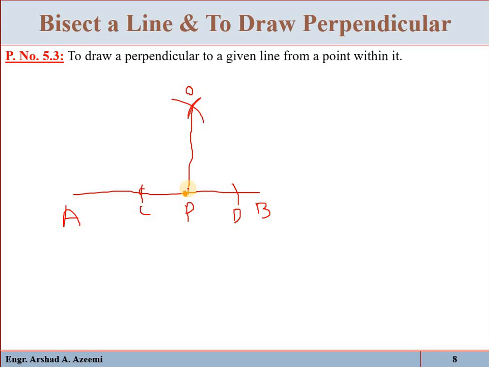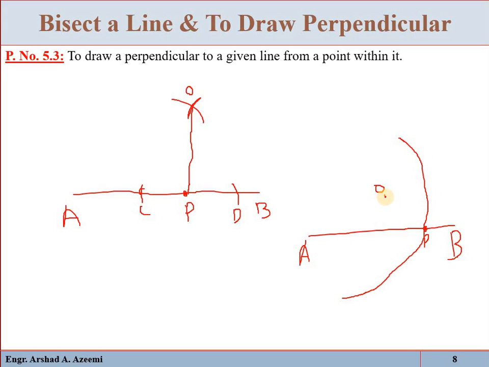The second method: suppose this is the given line AB, and this is the point P at which we have to draw the perpendicular. Take any point O as center, and with radius OP draw an arc.